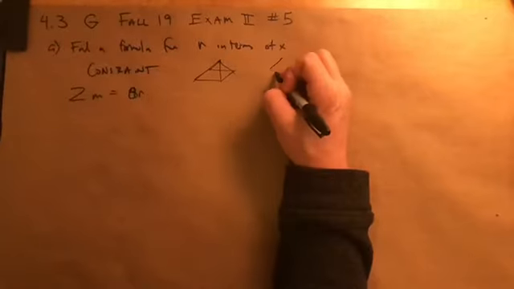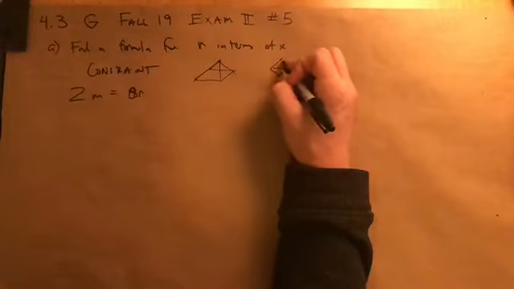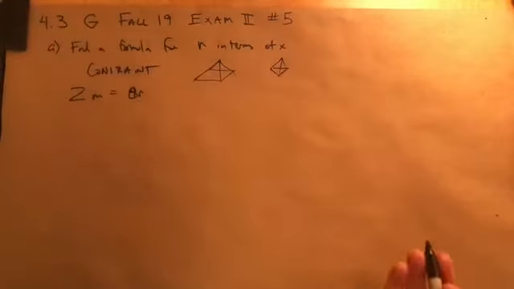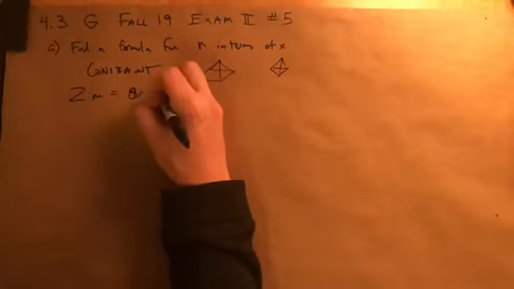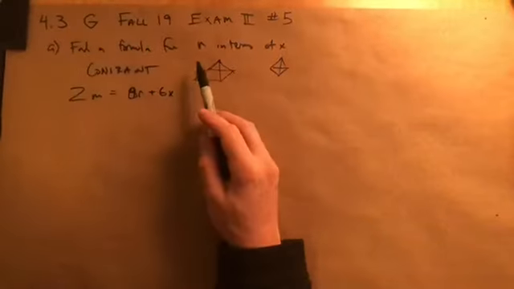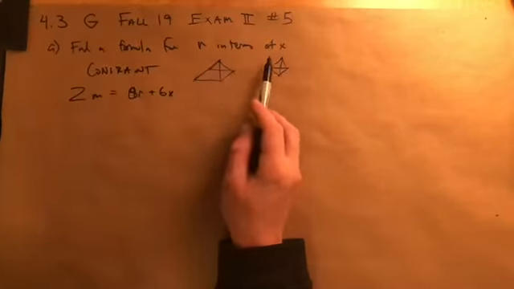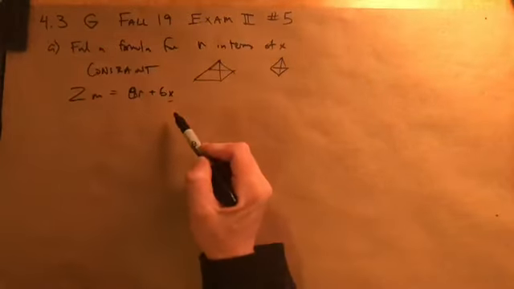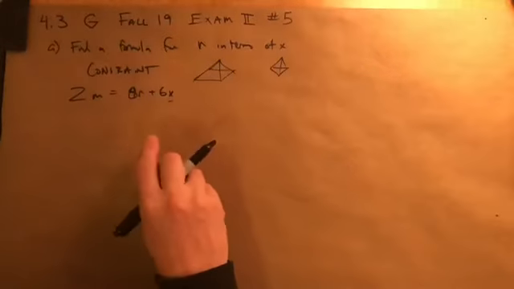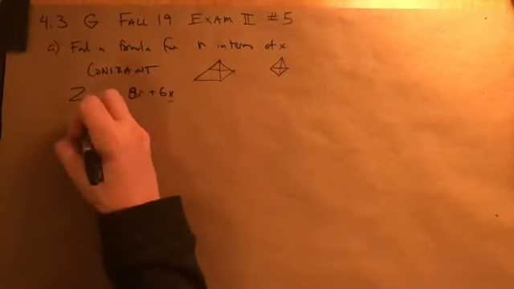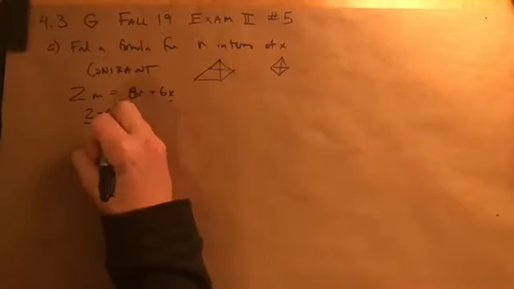Similarly, for x, we have this triangular base, and there are 6 sides there. Now, if we're looking for a formula for r in terms of x, that means r is our dependent variable and x is independent. We're going to solve for r, so we'll subtract: 2 minus 6x divided by 8 is equal to r, and we're through.